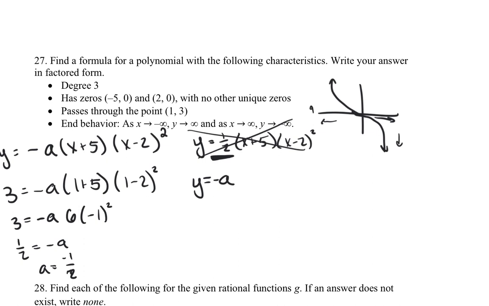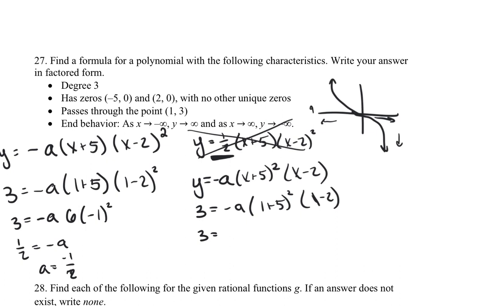So y equals -a times x plus 5 squared times x minus 2. Right, and then we substitute in our point, and the negatives are going to cancel out. 36a, and then we divide, and a is equal to 1/12.